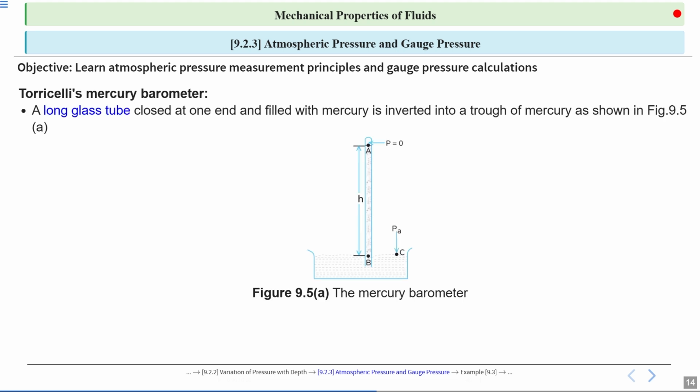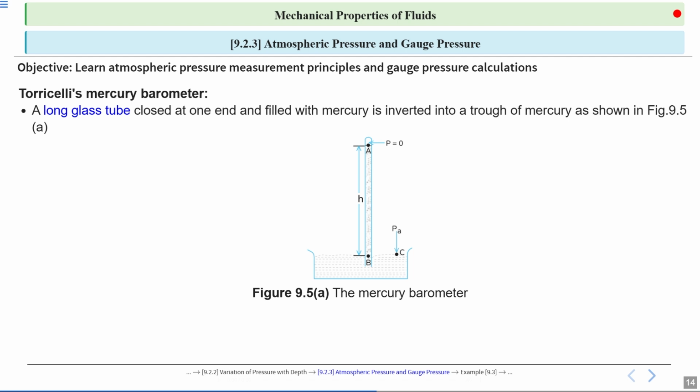Here we have a long glass tube closed at one end and filled with mercury, which is then inverted into a trough of mercury. This setup creates a vacuum at the top of the tube, allowing us to measure atmospheric pressure.